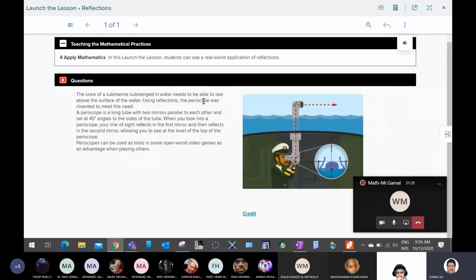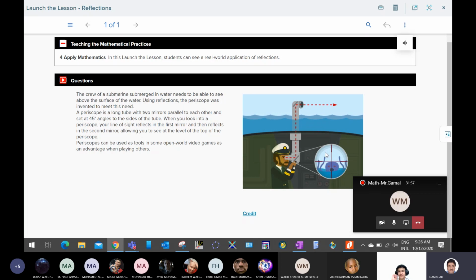The periscope was invented to meet this need. They did it because they cannot go up above the water surface, or the sea surface. So they are using the reflection. The solids are here, and then they want to see it. Okay, guys, can you see this one?